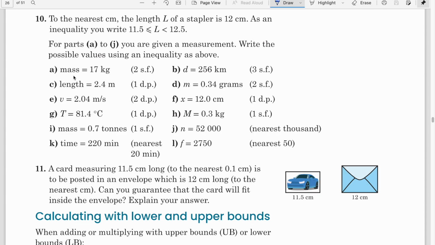Okay. So firstly, we have to decide what we have to add and subtract. A part says mass is 17 to two significant figures. Two significant, this is 1, this is 7. So up to two significant figures.